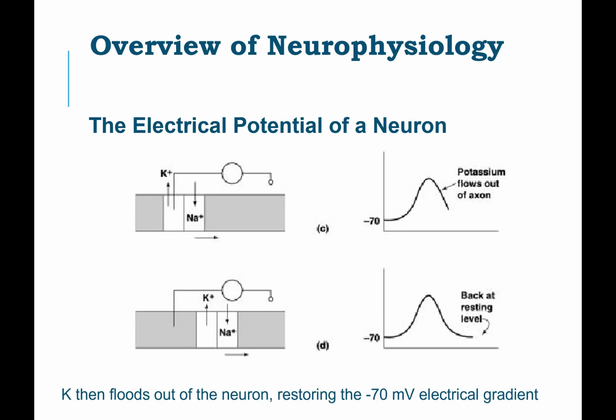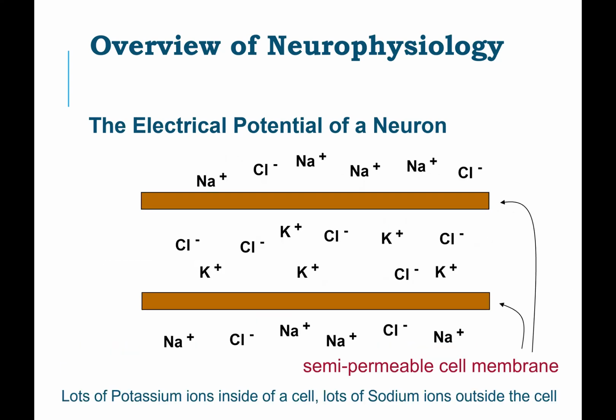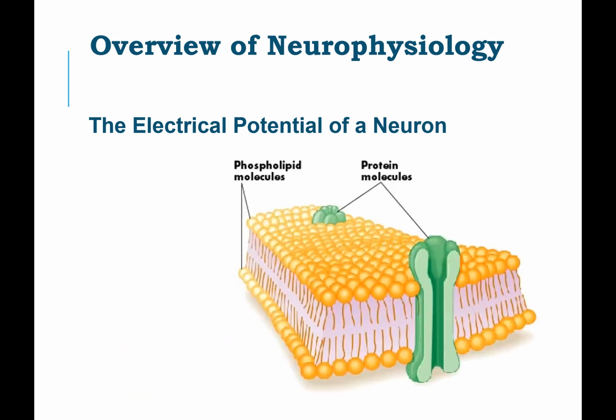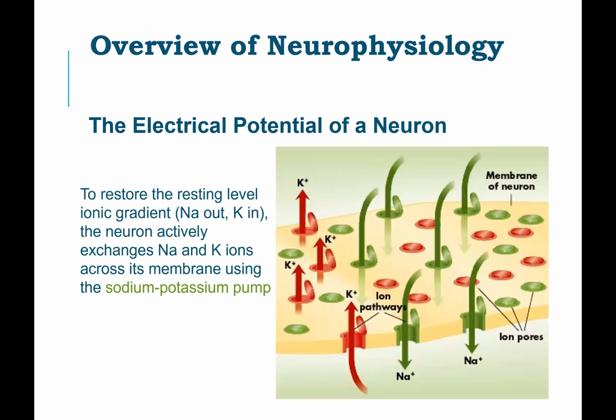Now, at that point, you have a lot of sodium inside of a cell and a lot of potassium outside of a cell. But at the resting state, the potassium has to be inside of a cell, sodium has to be outside of a cell. So there is a refractory period then, where the cell basically pumps this stuff back down.